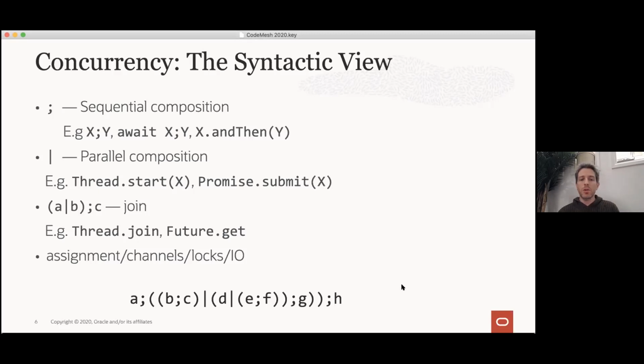And this would be an example of concurrency from the syntactic perspective. Just writing something like this.